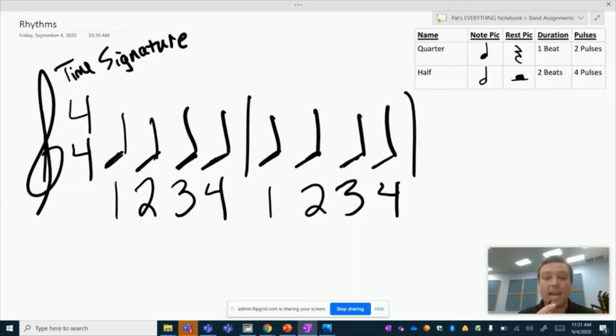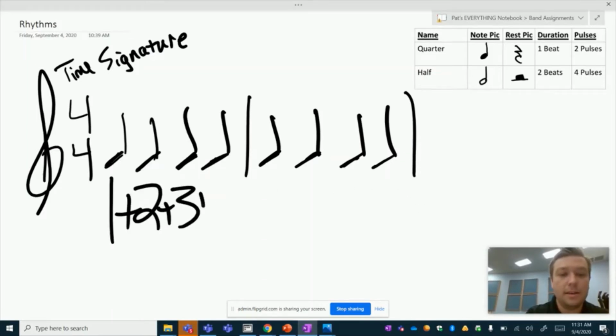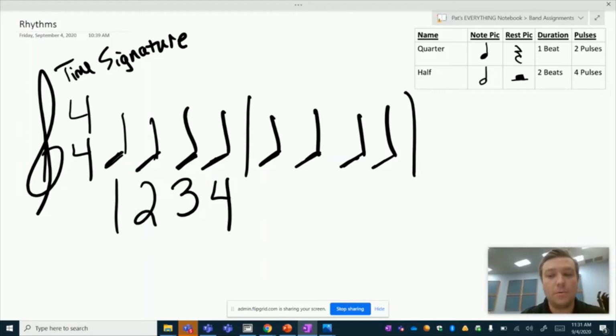Well, when we're writing in our music, I actually like to write all the pulses in too. But we would not write it like this. We wouldn't go like that, big. We're going to do something different. We're going to go like this. We have our beats right there. 1, 2, 3, 4. But when we count it, 1, 2, you can hear that little pulse.